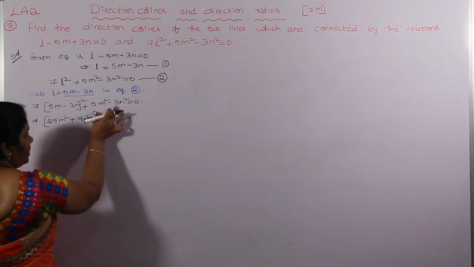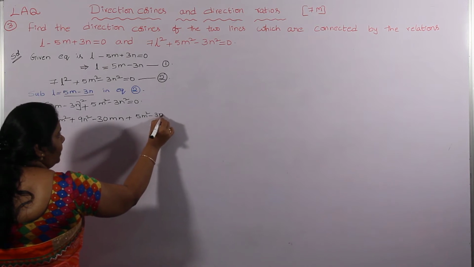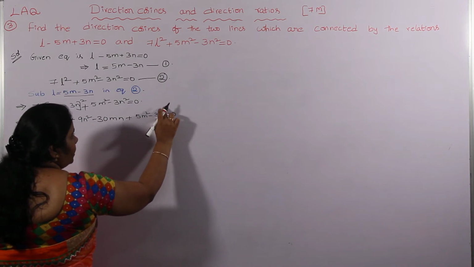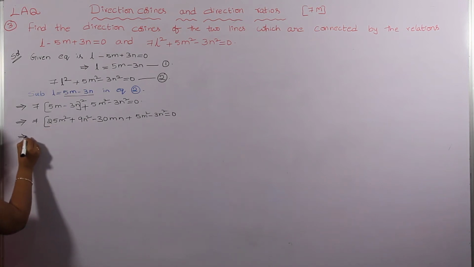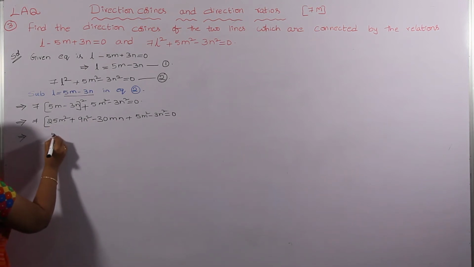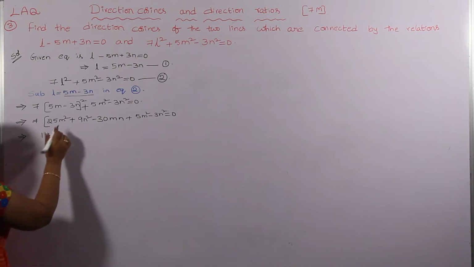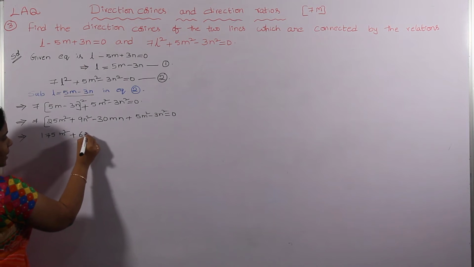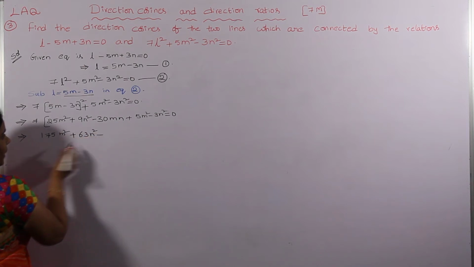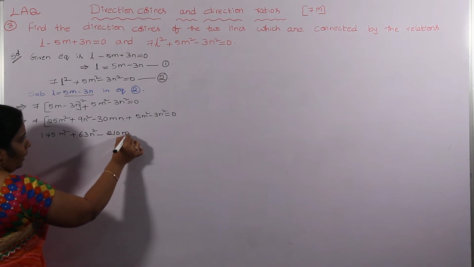This 5m square minus 3n square is taken as it is. Next, this 7 is taken inside. 7 25s are 175 m square, plus 7 9s are 63 n square, minus 7 30s are 210 mn.